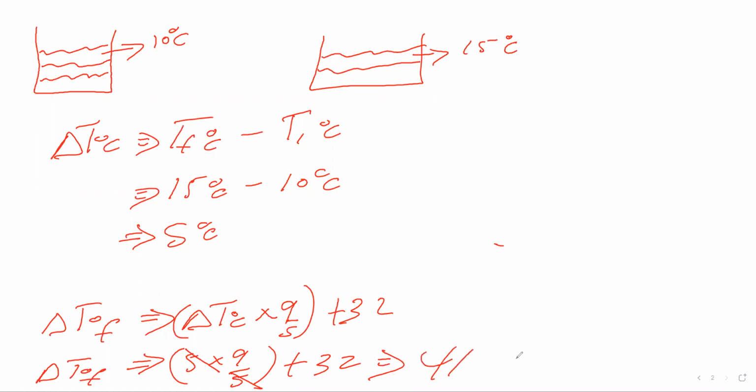Now, let me show you an alternative approach, and we're going to compare it, and then conclude what is the correct approach to find the temperature change in a different unit of temperature. So essentially, this is the temperature change in degrees Fahrenheit, right?